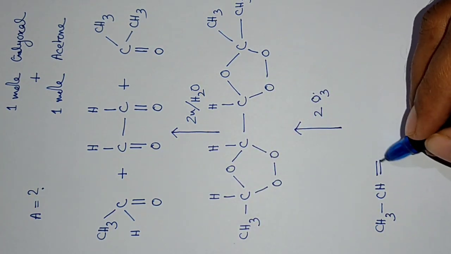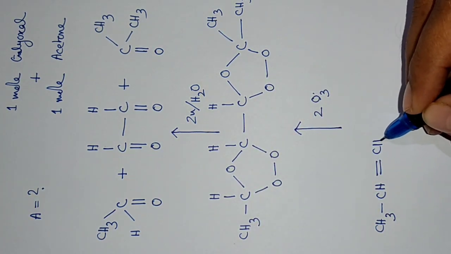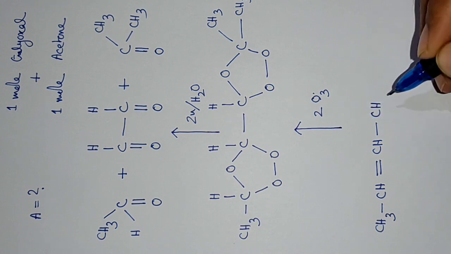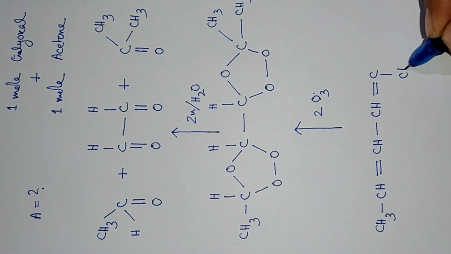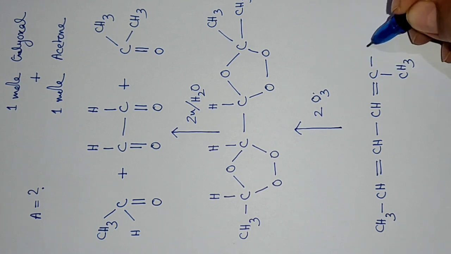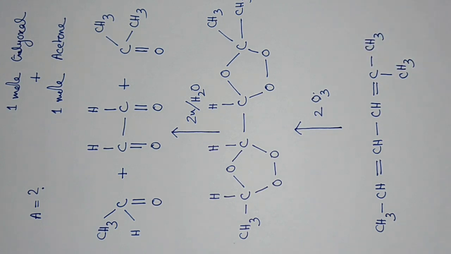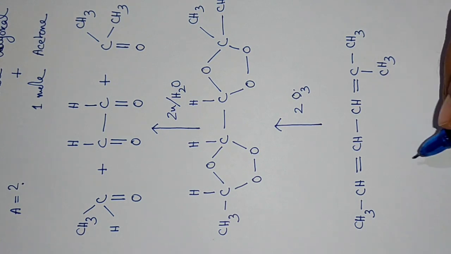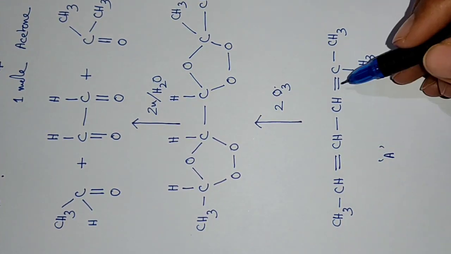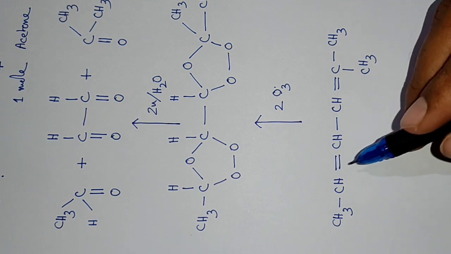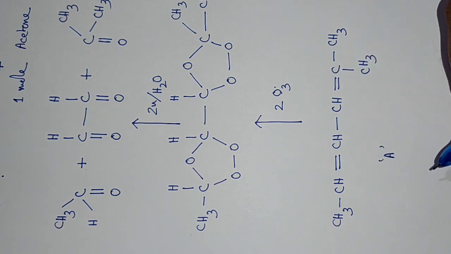Here was the double bond. It is CH bond CH, again a double bond. Now one CH3 here, and we have to write CH3 here. So this is the starting compound A. So the number of unsaturations is 2 and the positions are this.